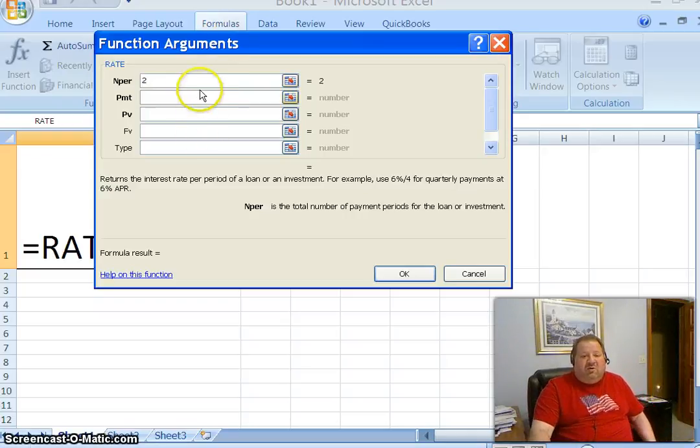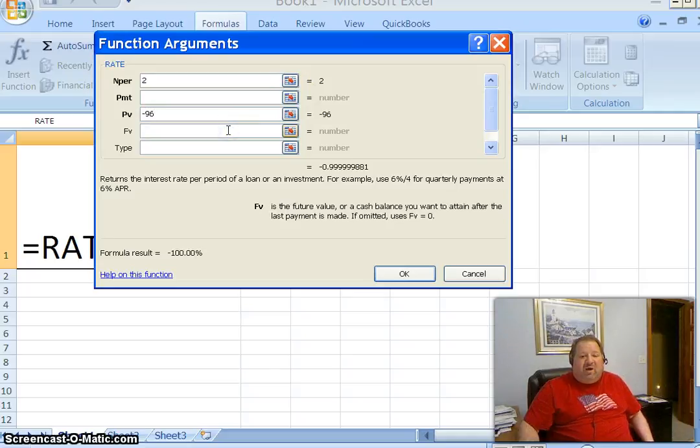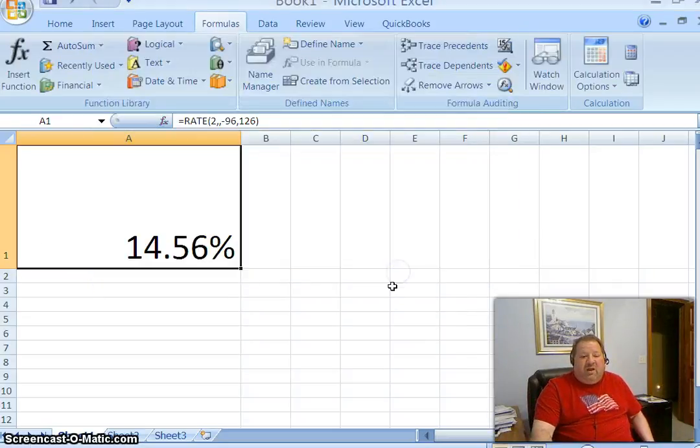So 2-year holding period, and let's say that I buy Disney for $96 a share, 96 out of my pocket. That's why I put it in as a negative. And 2 years later I sell it for $126. Click OK, and voila, it gives me my true annualized return of 14.56.